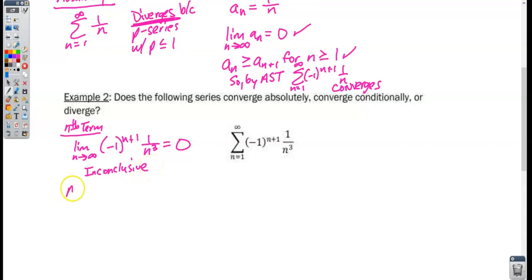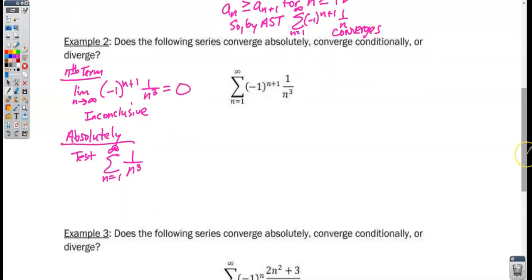Okay, then we try to test absolute convergence. So we want to test the absolute value of the original series. That's the sum from 1 to infinity of 1 over n cubed. This converges because it is a p-series with p greater than 1.